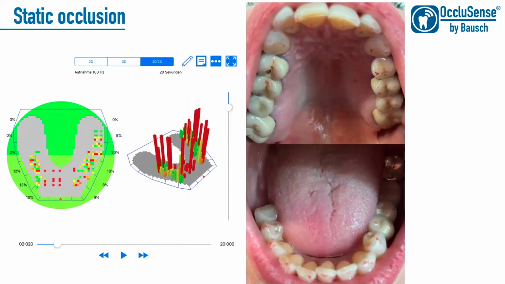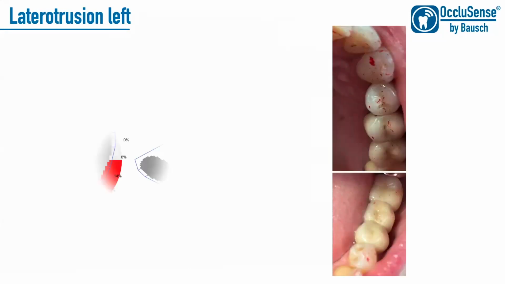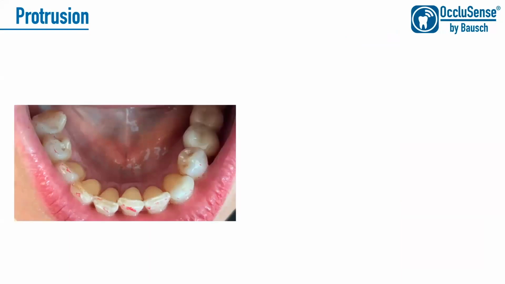Therefore, we don't have any reading there. But the occlusion overall is quite balanced. And looking at her lateral protrusion also showed us to the left side a nice canine guidance, with the movement on 23 shown very nicely. And the protrusion also quite regular.